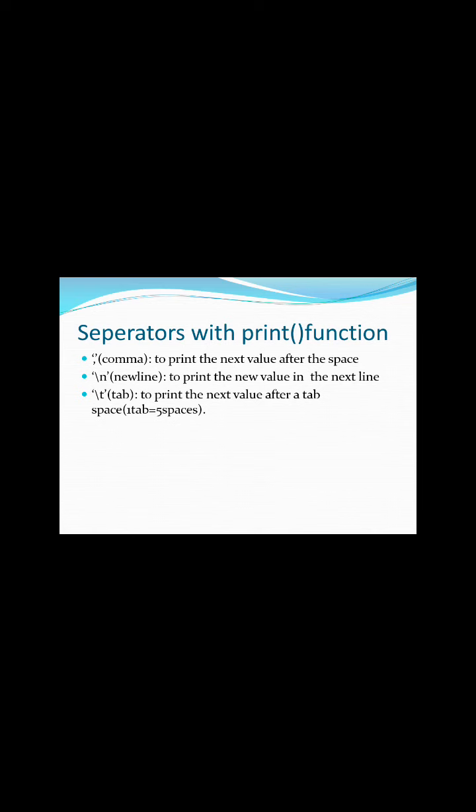So let's see one example. Here is the example. In the first statement I say print 10 comma 20. Which separator have I used? Comma. What is the output? 10 20, just a single space between 10 and 20.